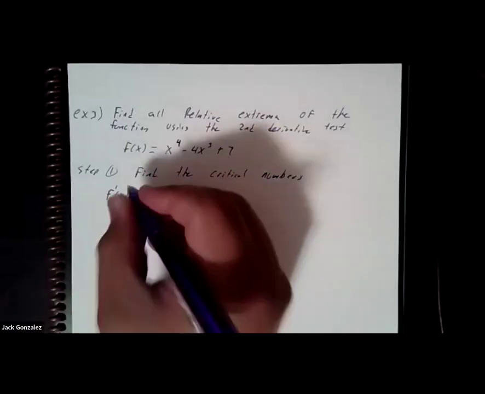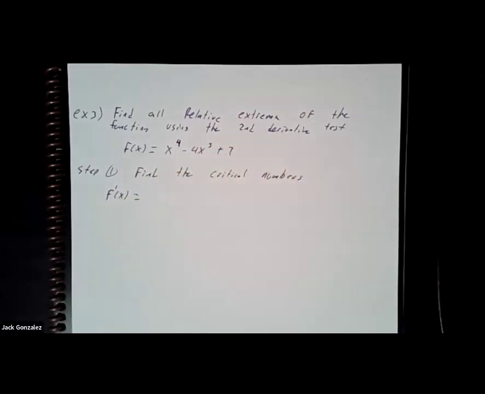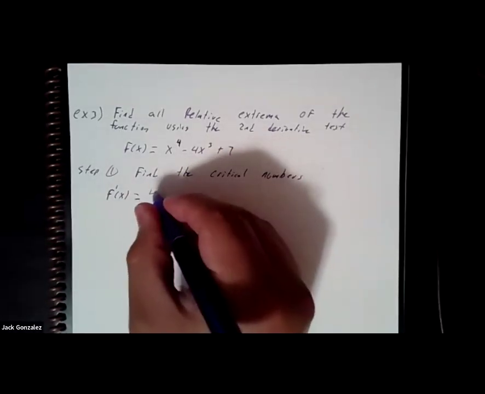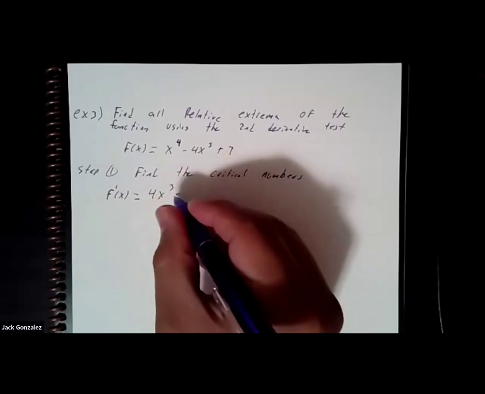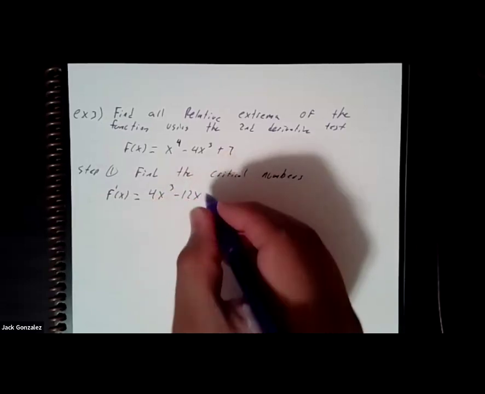So what is the first derivative? Yeah, 4x cubed minus 12x squared.